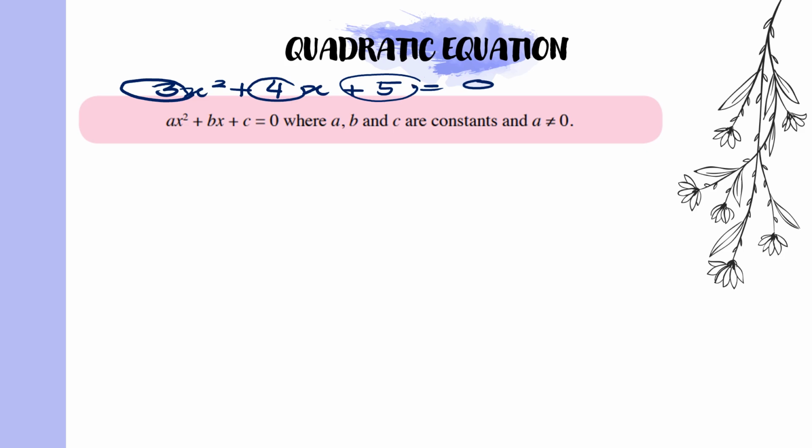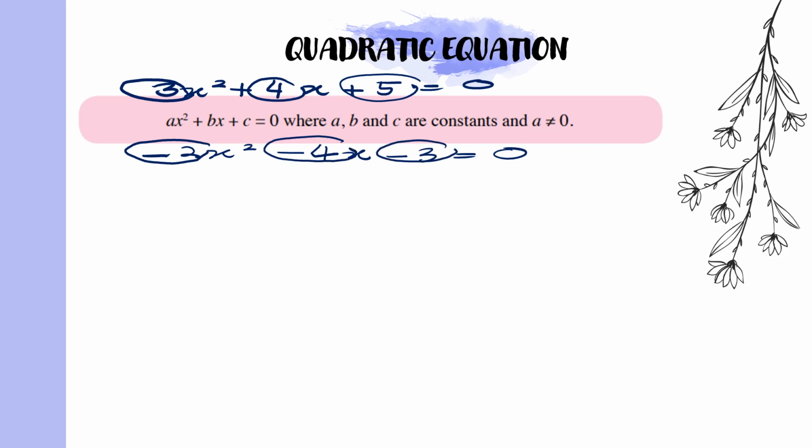If I give a negative, let's say negative 2x squared minus 4x minus 3 is equal to 0, this one is a, this one is b, and this one is c. So a is negative 2, b is negative 4, and c is negative 3. Okay, this is very important.